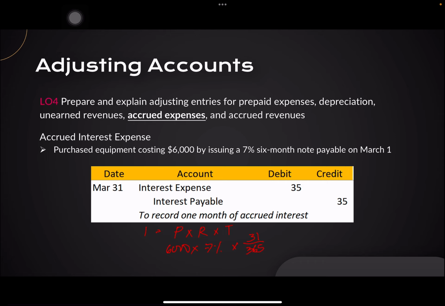When you get the product of this, you would be getting $35. So this is how you calculate the interest, again, just using the simple principal times rate times time. And this is how you prepare an adjusting entry for your accrued interest expense.